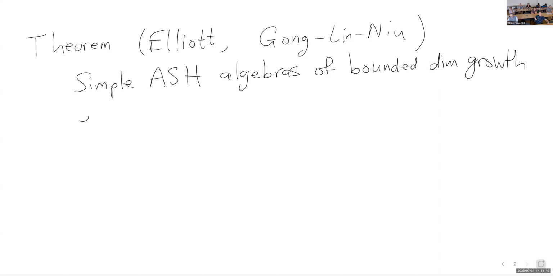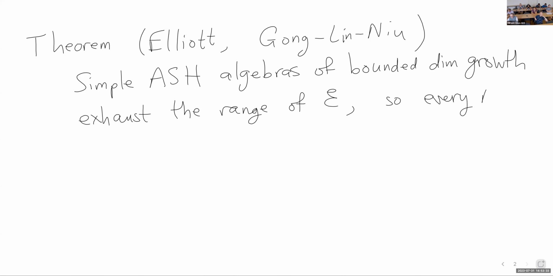So they exhaust the range of E. That means by classification, every object in the class is isomorphic to something like this.